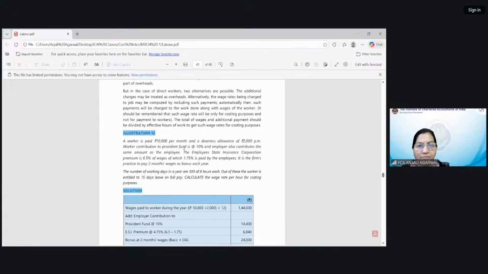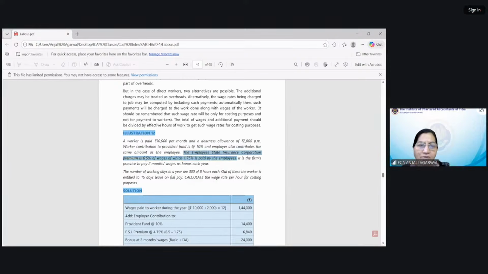For Provident Fund purposes, 2,000 of DA can be taken as part of salary, unless specifically deducted. The Employee State Insurance Corporation premium is 6.5% of wages, out of which 1.75% is paid by the employees. The Provident Fund is 20%, 10% from employer and 10% from employee.